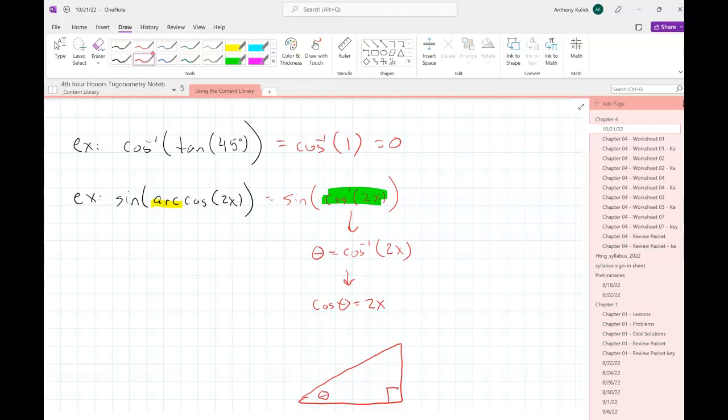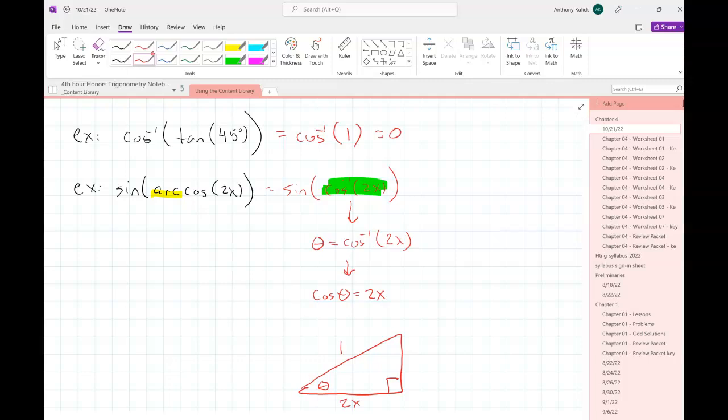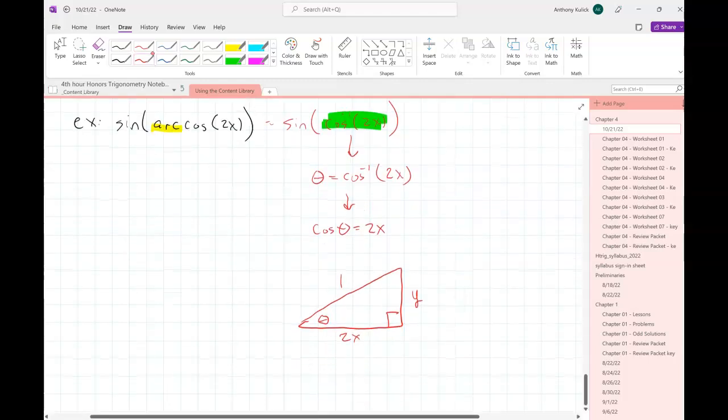If that's my angle theta, cosine is adjacent divided by hypotenuse. I can then find an expression for the third side in terms of x using the Pythagorean theorem.